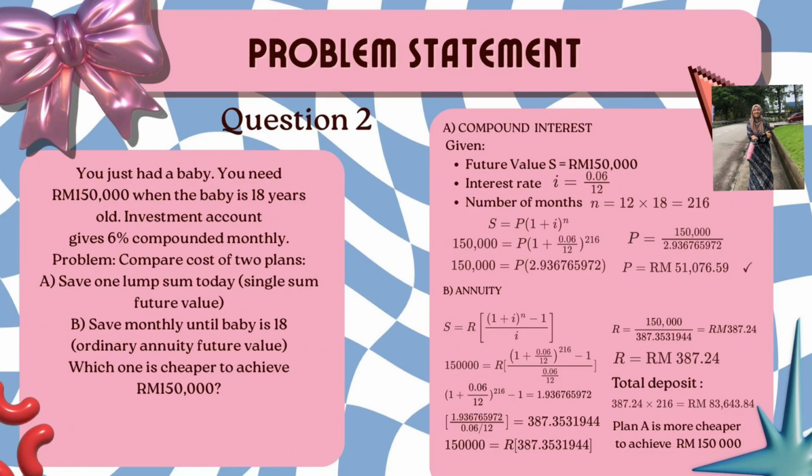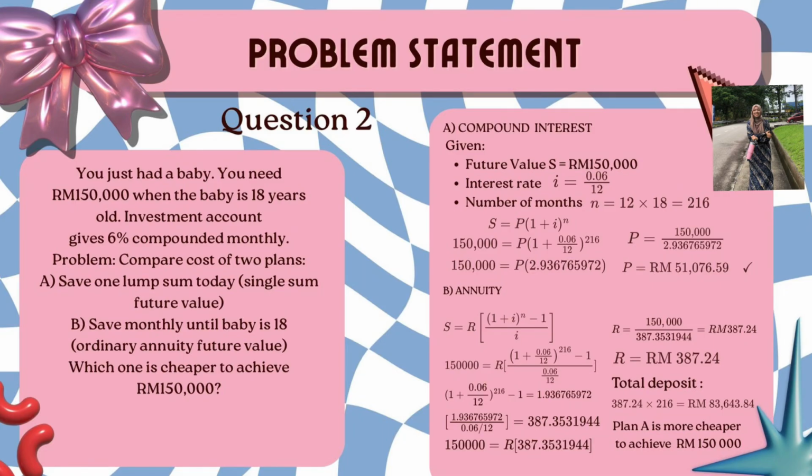And the formula: S equals P multiplied by open bracket 1 plus i close bracket raised to the power of n. So now we need to substitute the values. 150,000 equals P multiplied by open bracket 1 plus 0.06 over 12 close bracket raised to the power of 216.